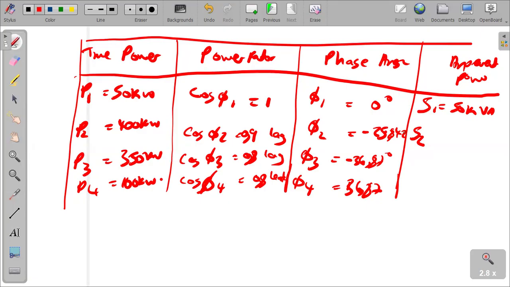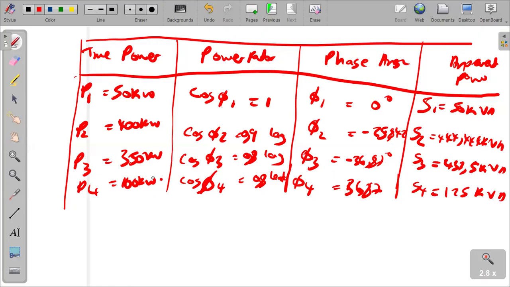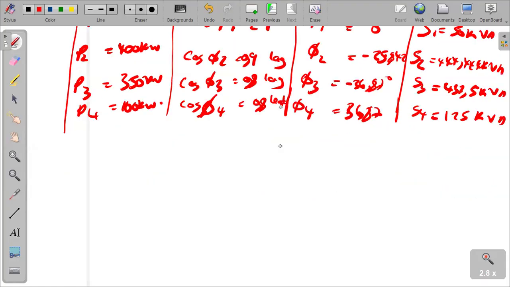So it's 400 divided by 0.9, I get 444.444 kVA. Then S3 is 350 divided by 0.8, that's 437.5 kVA. All right, same applies. S4 shall give me 125 kVA, which is 100 divided by 0.8, right? Because S is equal to P over cos phi.